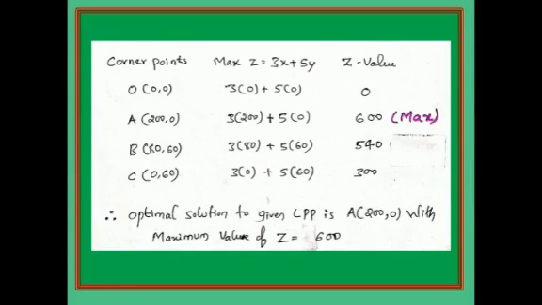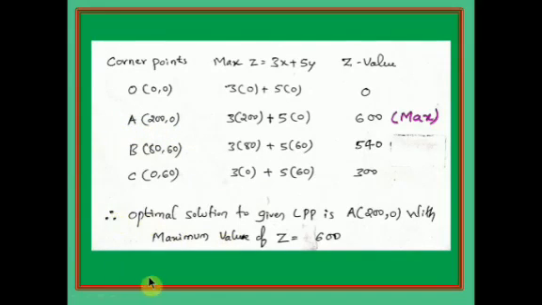Since the example was given as a maximization problem, among these available z values we need to find the maximum. 600 is the maximum, so the respective coordinate values A, 200, 0 will be the optimal solution for the given LPP.